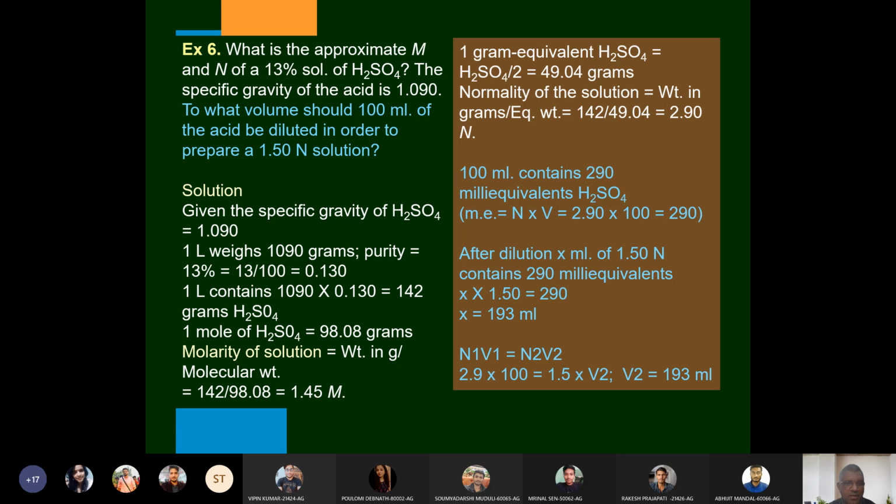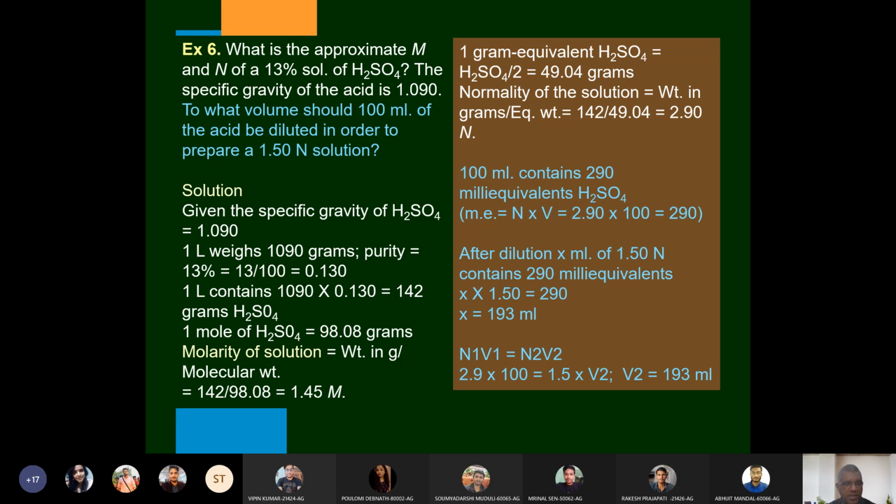Remember this. So after dilution, X ml of 1.5 normal contains 290 milliequivalents. This X is the unknown quantity. Small x, the unknown quantity, into 1.5, the normality, is equal to 290. Then X will be 193.